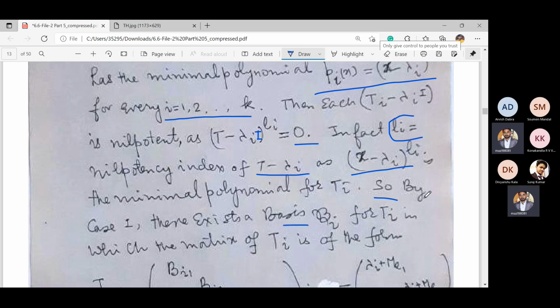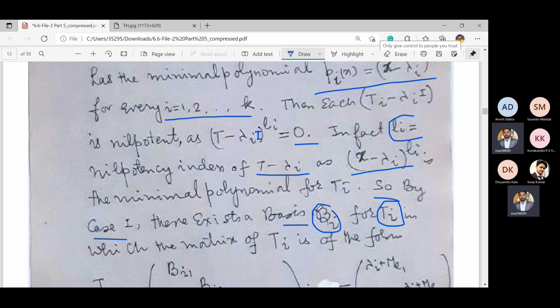Ti has only one eigenvalue, that is lambda I, and we have proved that, so we can use case 1.